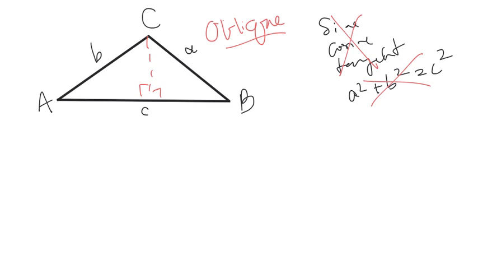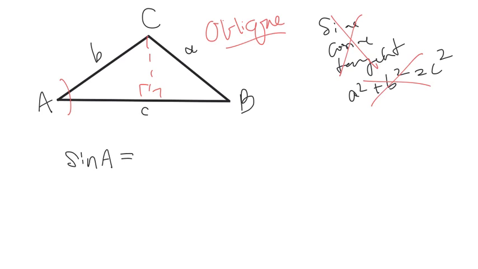With that altitude drawn, now I can start looking at sine ratios for my angles. Specifically, I'm going to start with A. For A, I can write its sine ratio: sine of A is going to be equal to the opposite side, this red side that I've drawn in.